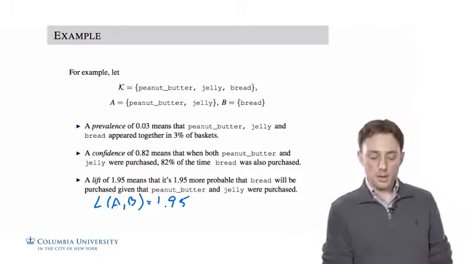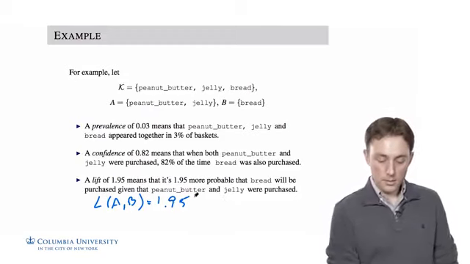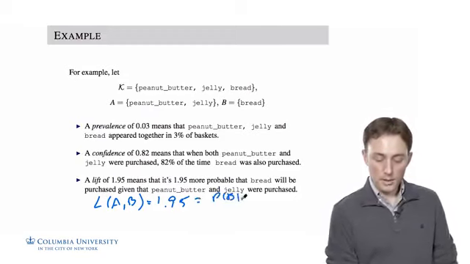So again, this is P of B given A divided by P of B.